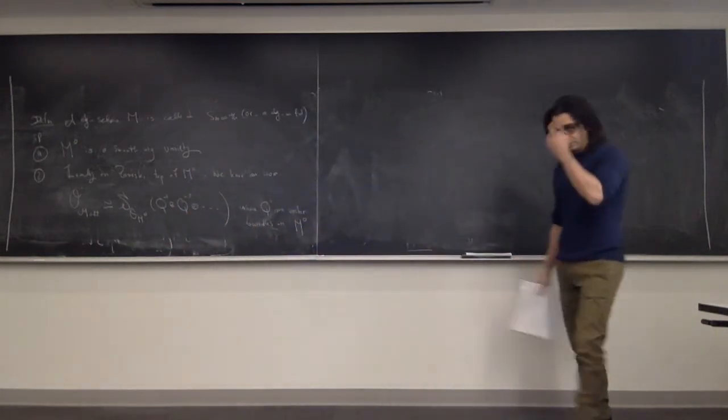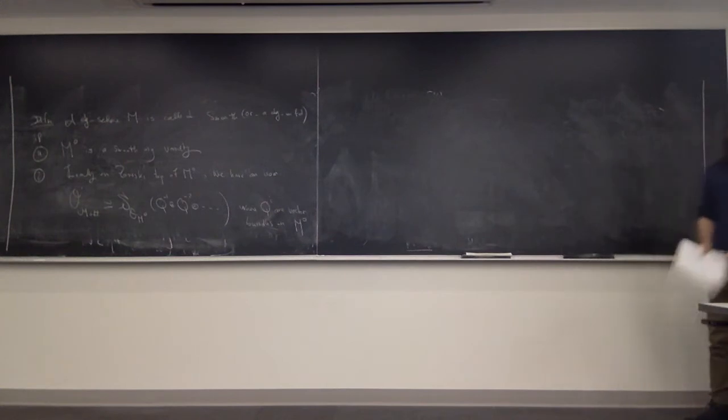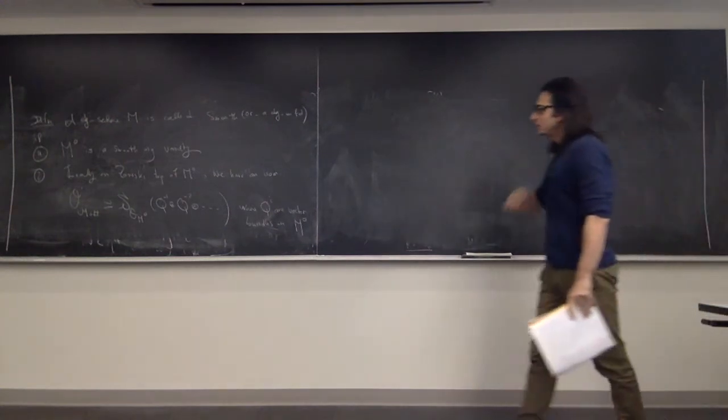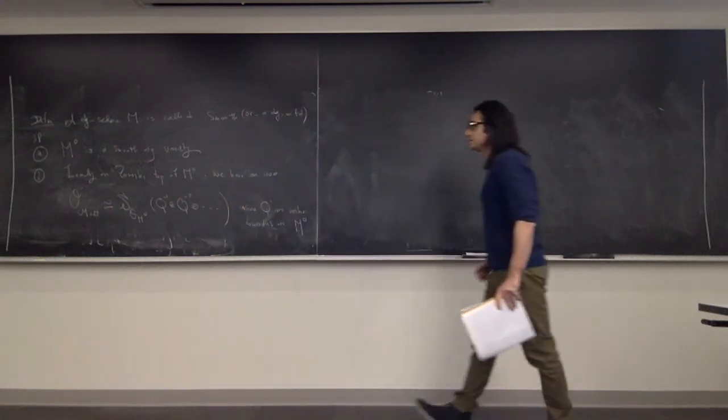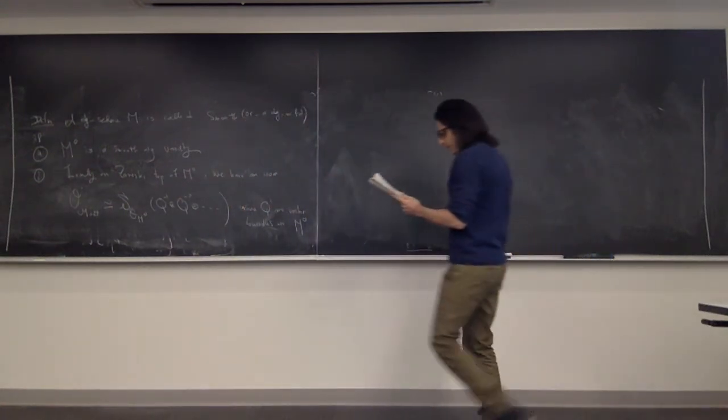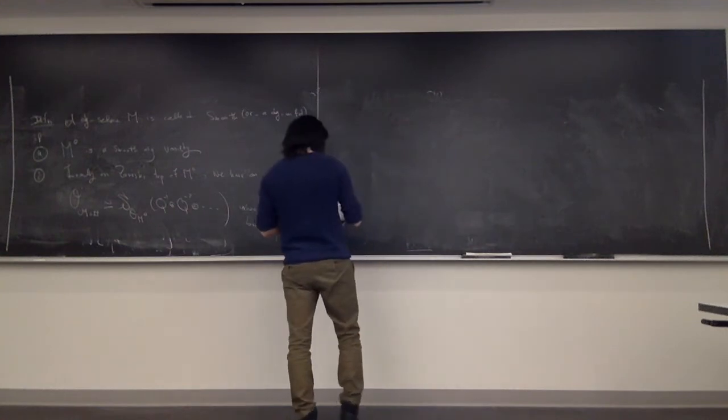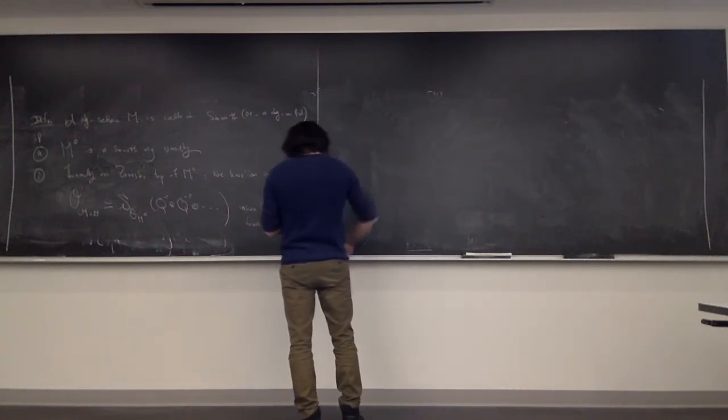So, of course, every manifold has this property. The fact that these are vector bundles actually gives you the smoothness in the following way. And then we defined this notion of dimension.